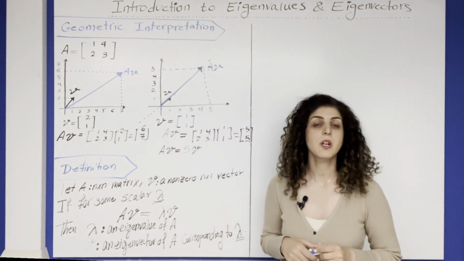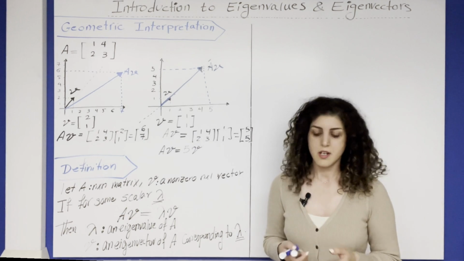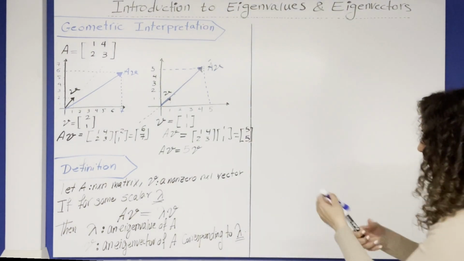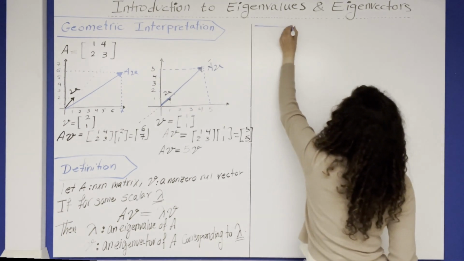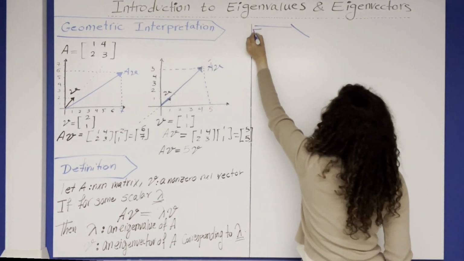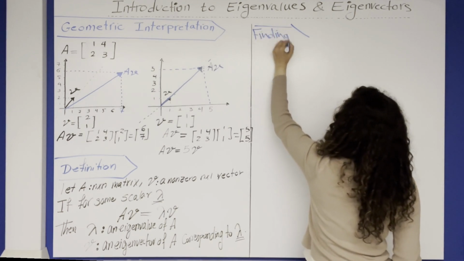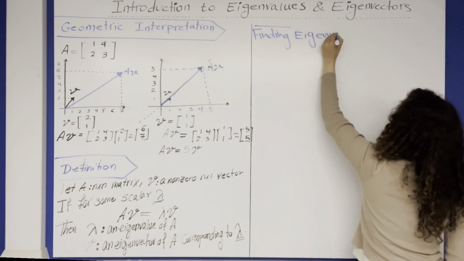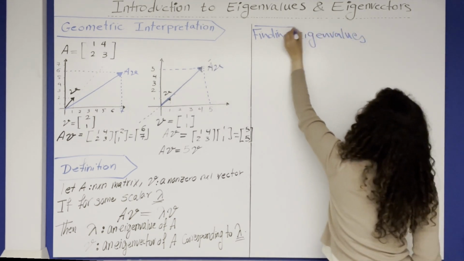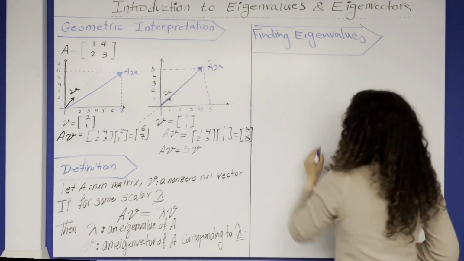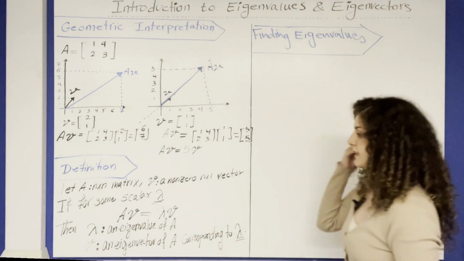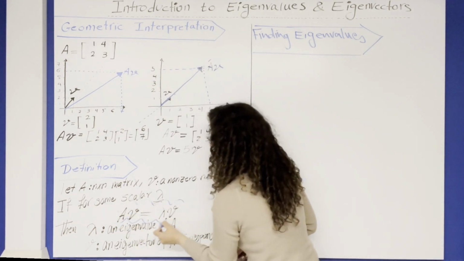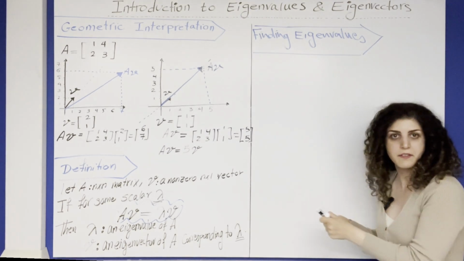All right, now we know what is the definition. Let's figure out how to find eigenvalues and eigenvectors of an n by n matrix. I'm going to start with finding eigenvalues of matrix A. Here I'm going to start off with this equation, with the definition.